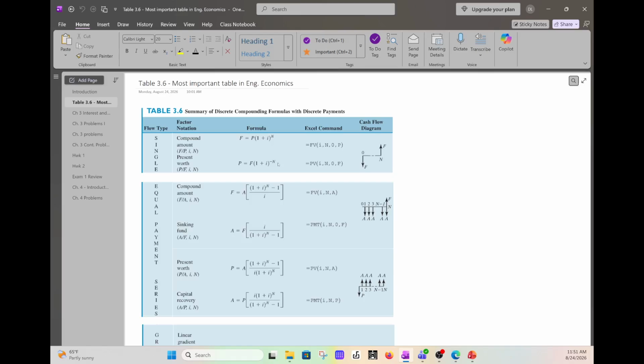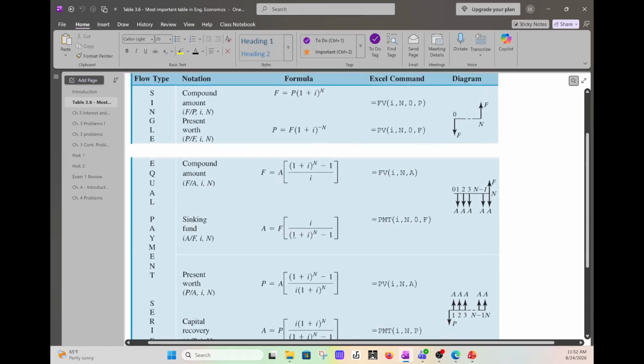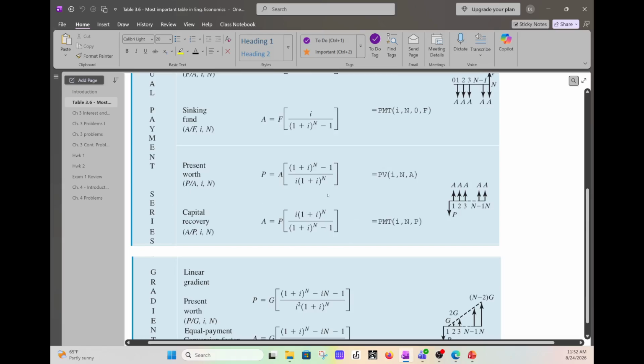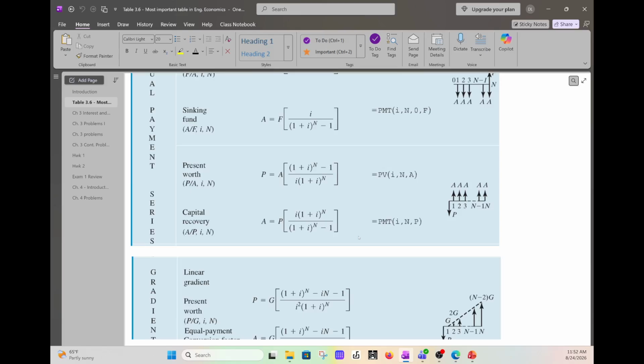This is probably the most important table in engineering analysis or economics, because you have these equations or formulas that have what we call a future value, a present value, which is P, interest rate, which is I, and the number of times it compounds, which is called N. For example, looking at this one right here, capital recovery, this equation A is used to find your annual payment for, say, your car or your house.